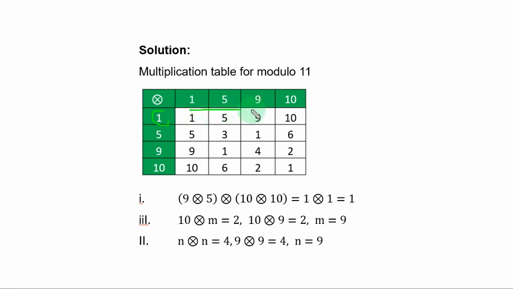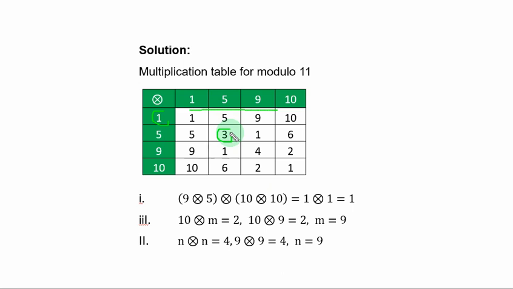You have this result. 5 times 1 is 5. 5 times 5 is 25. 25 is not an element in modulo 11, so you divide it by 11 and you have 2 remainder 3.